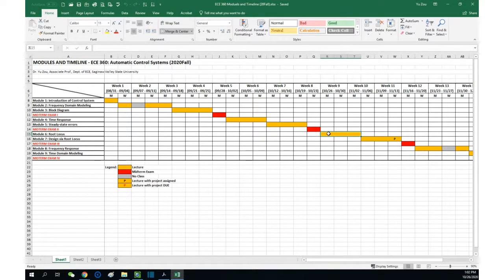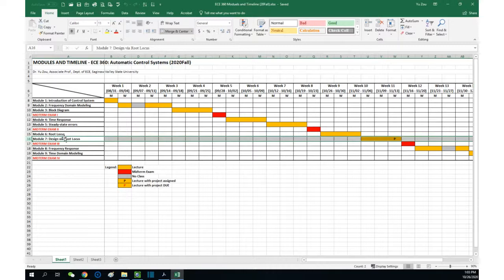Obviously, we have passed half of the semester, more than half, actually. And we will have 3 lectures, including today's, to finish module 6, the root locus, followed by module 7, which is design using the root locus.